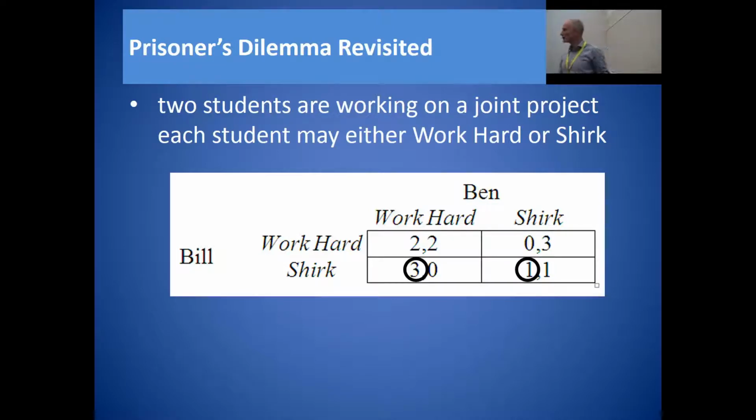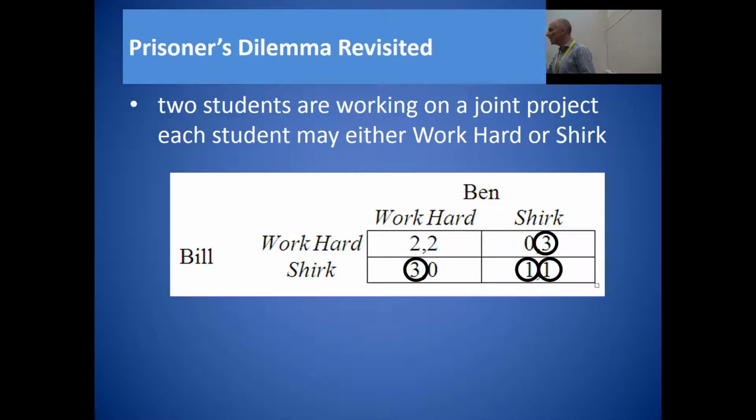And then for fullness, let's complete it now for Ben's optimal responses. If Bill were to work hard, Ben works hard with a payoff of 2, or shirks and gets a payoff of 3. Obviously 3 is preferred to 2, and so the circle denotes his optimal response. And lastly, if Bill were to shirk, Ben working hard gets a payoff of 0, while also shirking gets a payoff of 1.